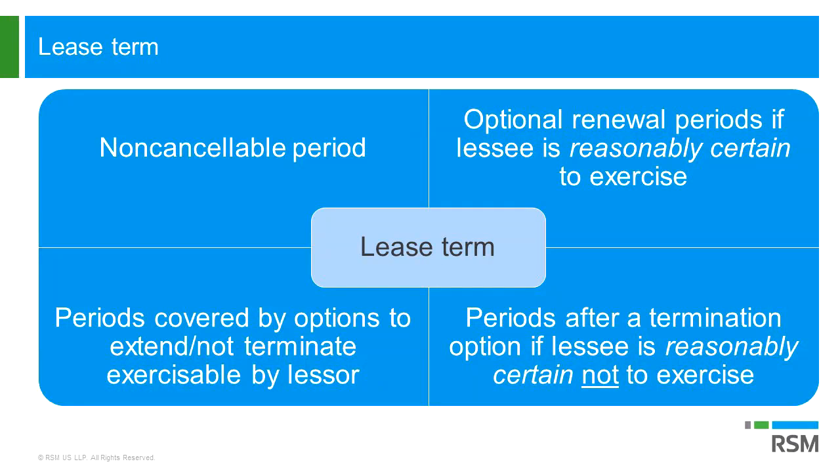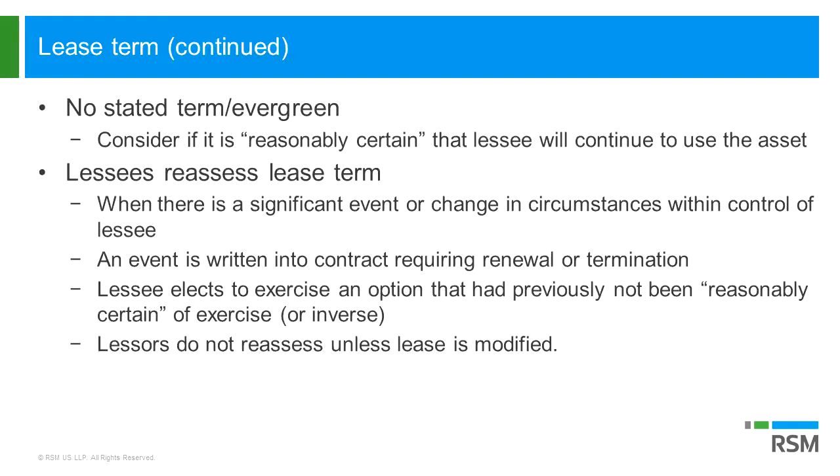The longer the period from commitment to exercise date of an option, the more difficult it will be to determine whether exercise is reasonably certain. For evergreen leases or month-to-month leases, as we briefly mentioned a while back, or other leases with no stated term, consideration will need to be given to short non-cancelable periods, but you need to consider whether the lessee will continue to use the asset.